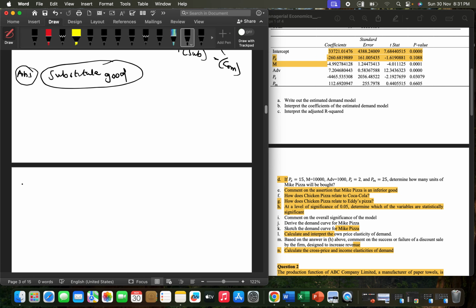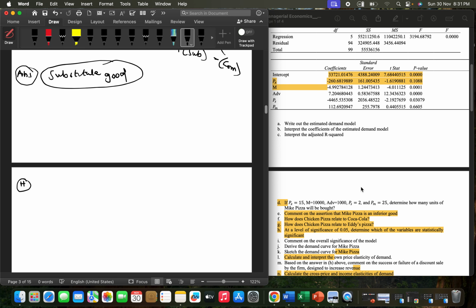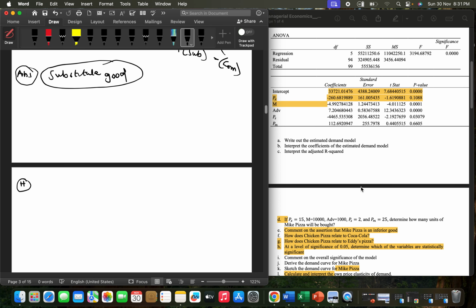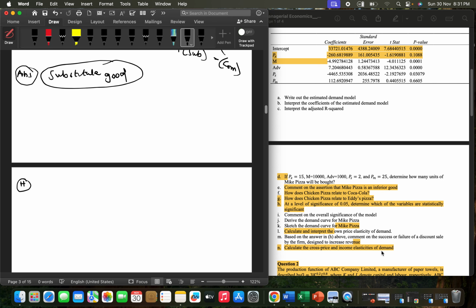Now with the H part of the question. At a level of significance of 0.05, determine which of the variables are statistically significant. They didn't give us any t table or any t critical, so in this question we are going to use the concept of p-values and compare it against the level of significance.